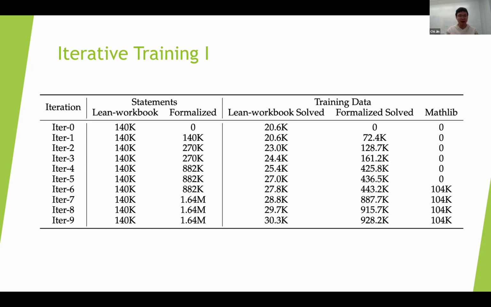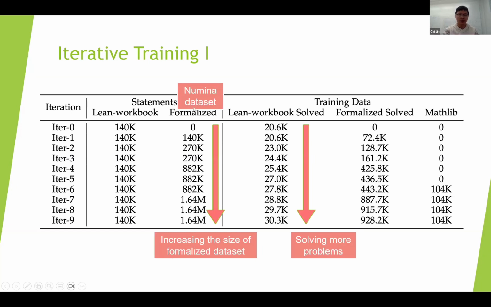We don't add more statements at the very first iteration, partly to save computation and partly not to confuse the model. So we gradually increase the number of statements we feed into our prover to generate proofs, and we can see our model consistently solving more problems and generating more proofs on both Lean Workbook and the Numina dataset.